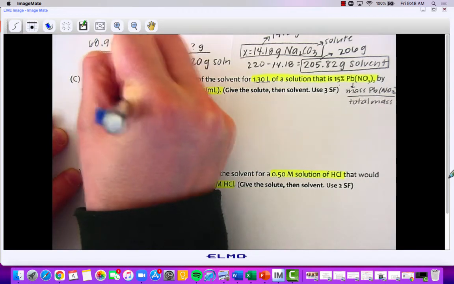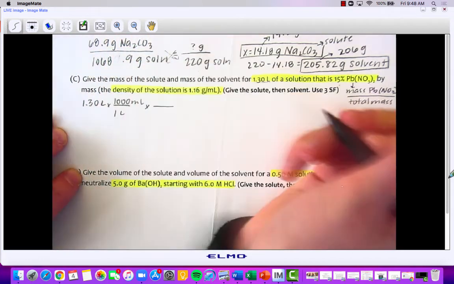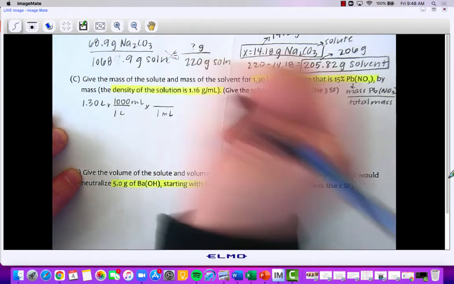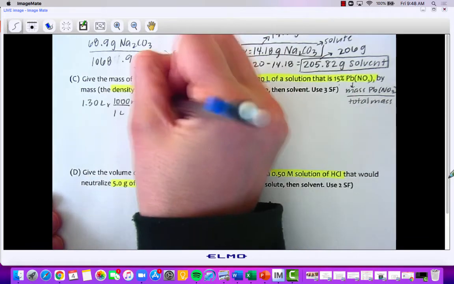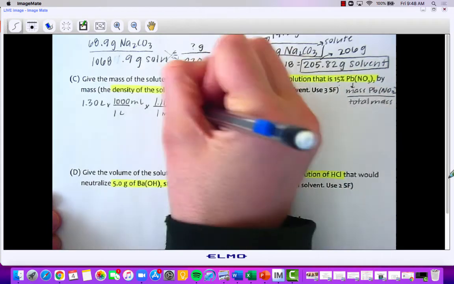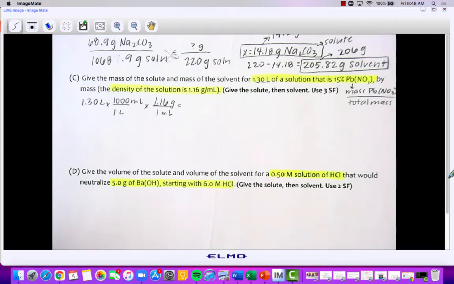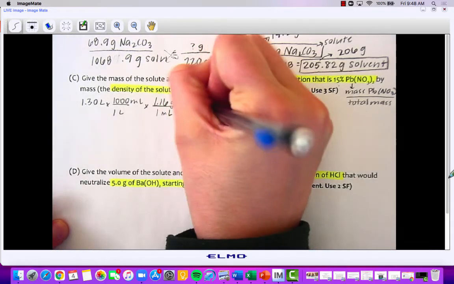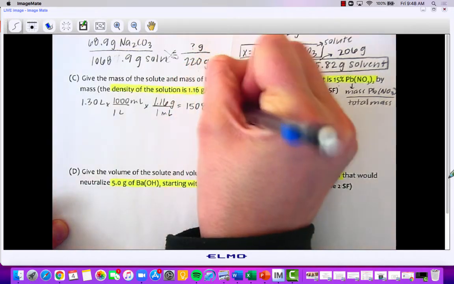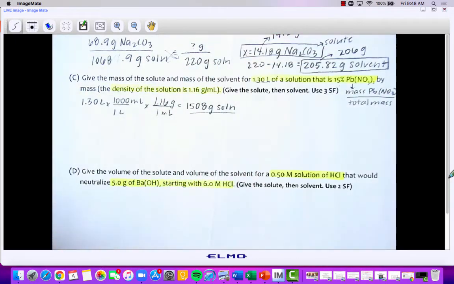So remember, there are 1,000 milliliters in 1 liter. And the density says that for every 1 milliliter of this solution, it's 1.16 grams. So if I solve this, 1,508 grams of solution. So there's my total solution. So we can use this to find mass of our solute.